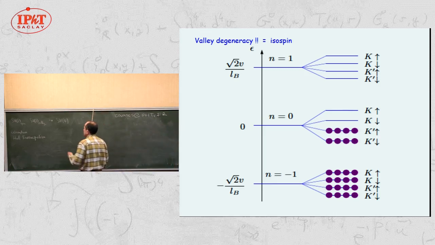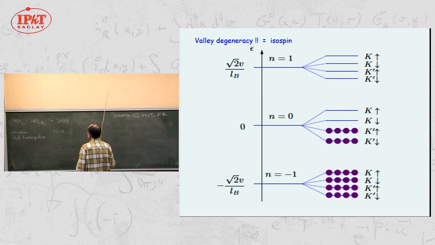So this will happen for filling factor, which I will decide to call -1, so that's complete filling of one of these members of the quartet, or filling factor 0, filling exactly 2 Landau levels, or filling factor +1, in which you fill exactly 3 levels.